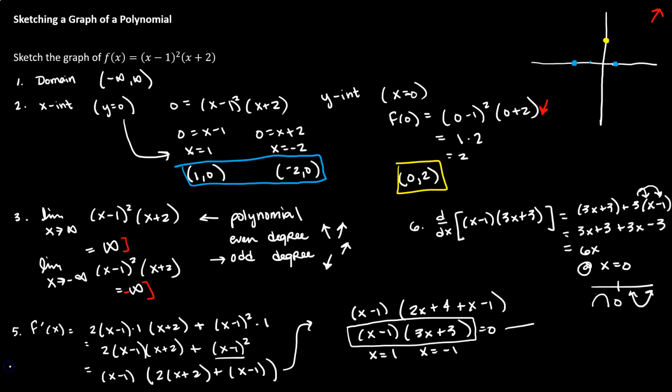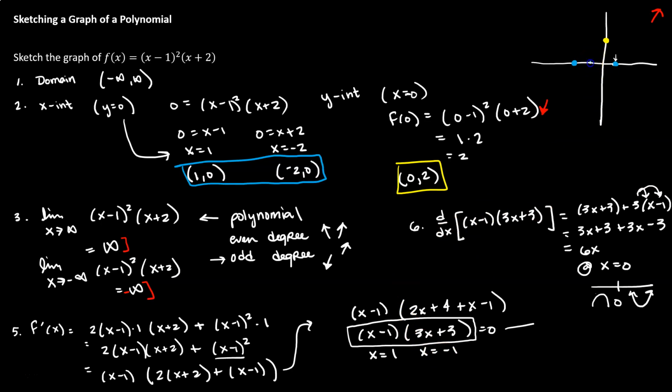So we know that our function has 2 critical points, one at x equals positive 1, one at x equals negative 1. Well, at x equals positive 1, we are on one of the x-intercepts. So this is either a max or a min. And then at x equals negative 1, we are about right here.